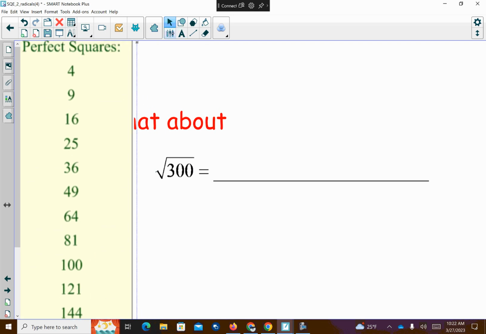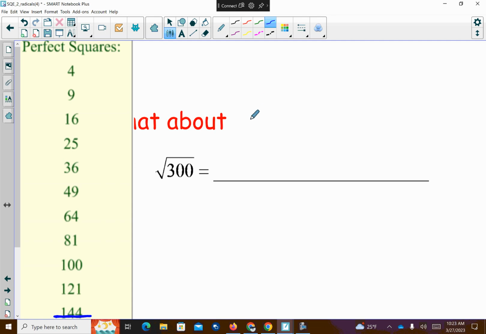All right, so basically what you're going to do is, I don't know exactly what number times exactly what number would multiply together to give me 300. So I'm going to start way down at the bottom of this list. Is there anything on this list that might work starting from the bottom?